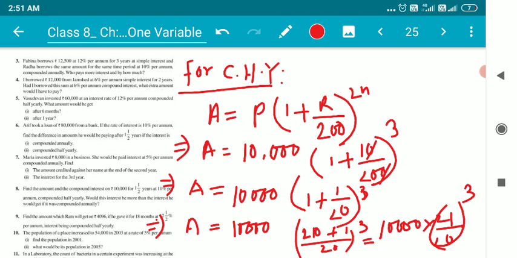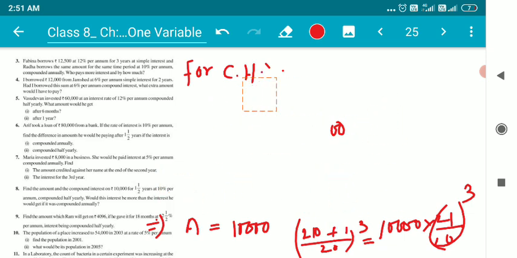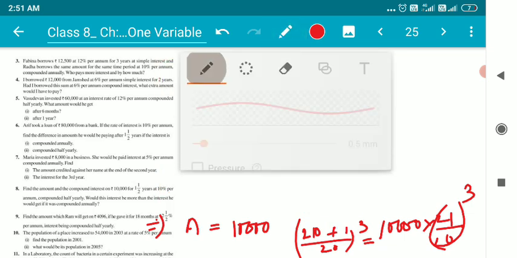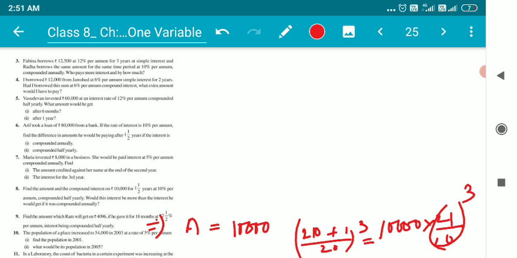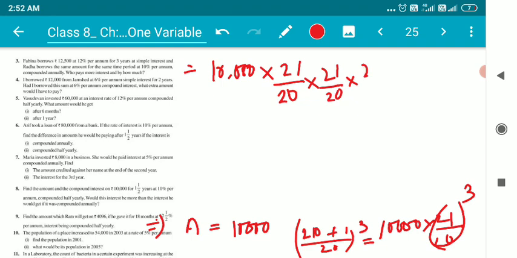Alright, children. Now as I have got no space, I am cleaning from here a bit as we are calculating compounded half yearly. So here it will be 10,000 into 21 by 20 into 21 by 20 into 21 by 20.